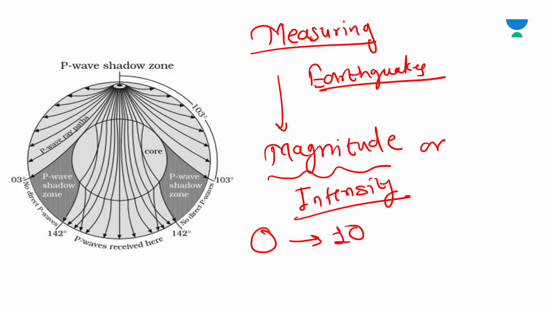The intensity scale is named after Mercalli, an Italian seismologist. So friends, the intensity scale takes into account the visible damage caused by the event. The range of the intensity scale is from 1 to 12.